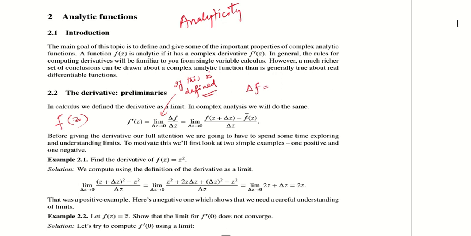So we write f of z plus a small increment in the variable, and then we subtract the original value. Then delta z is delta z, and if we can apply this limit, that means this exists. This is a bit complex.